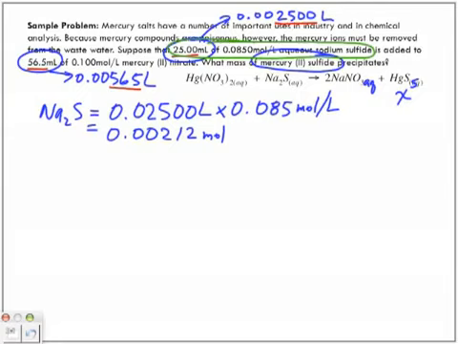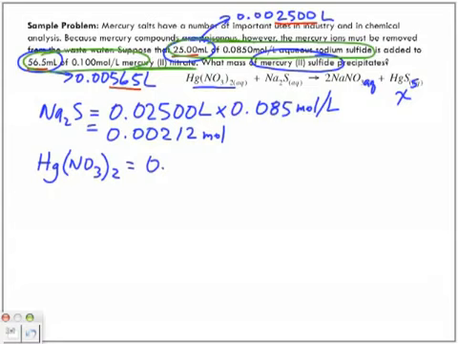Now, let's look at the other reactant, which is the mercury 2 nitrate. Here we have the volume and the concentration of the mercury 2 nitrate. So let's do the math here, and we get 0.0565 liters multiplied by 0.100 moles per liter, right?